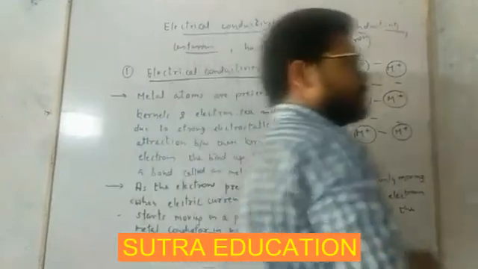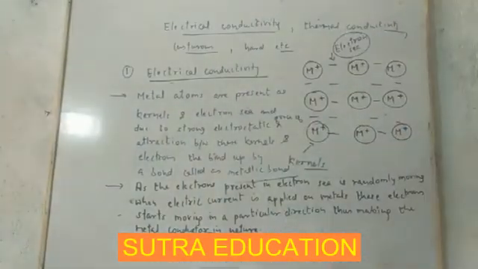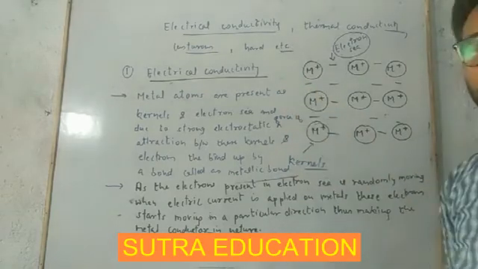Got it? So electrical conductivity can be explained on the basis of electron gas theory.